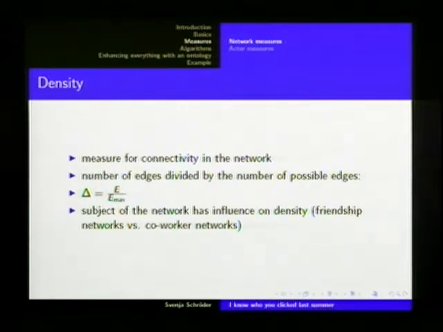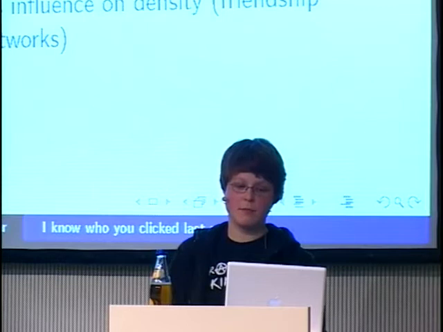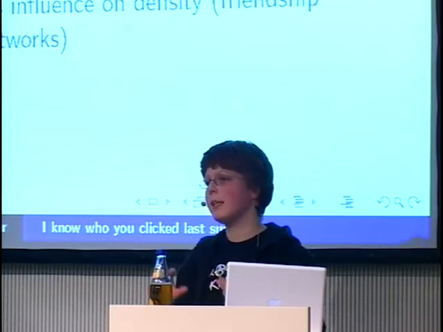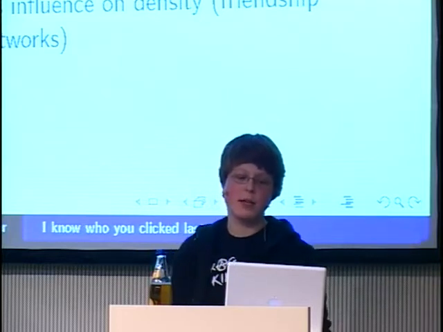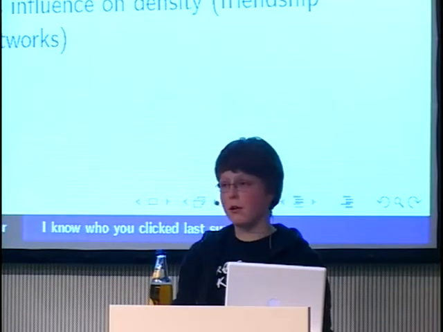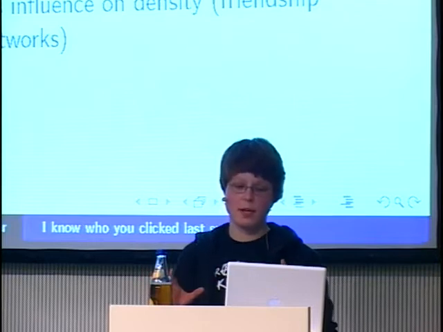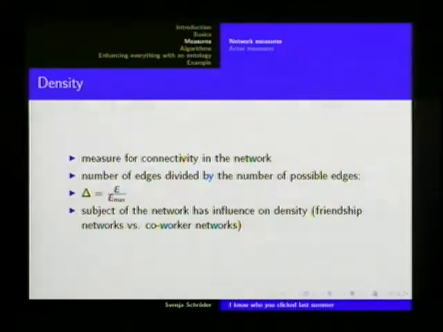Yeah, one is the density. It's a graph measure. It measures connectivity in the network, on how many links are in this network, and it's just the number of edges which are in this graph divided by the number of possible edges.